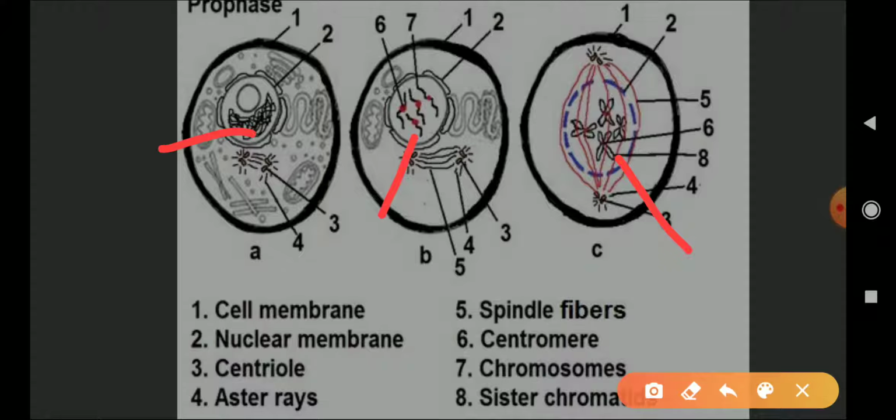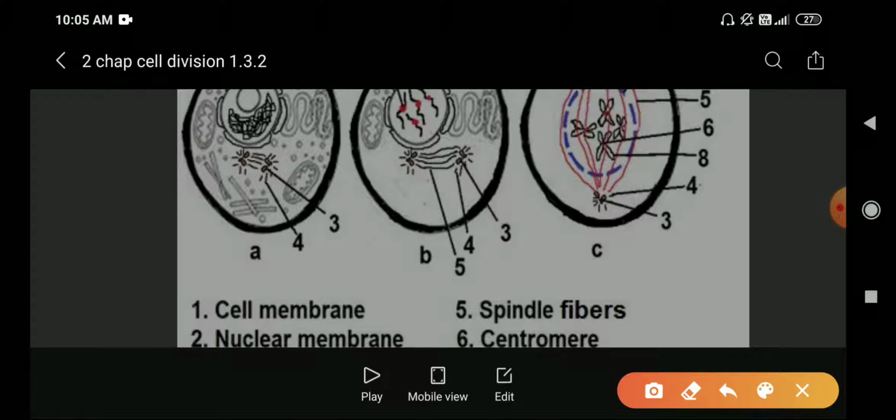The nuclear membrane starts disappearing. Here you can see the prominent nuclear membrane, then it slowly starts disappearing, and here you can see only a glimpse, the blue line. This blue line is the nuclear membrane, number 2.